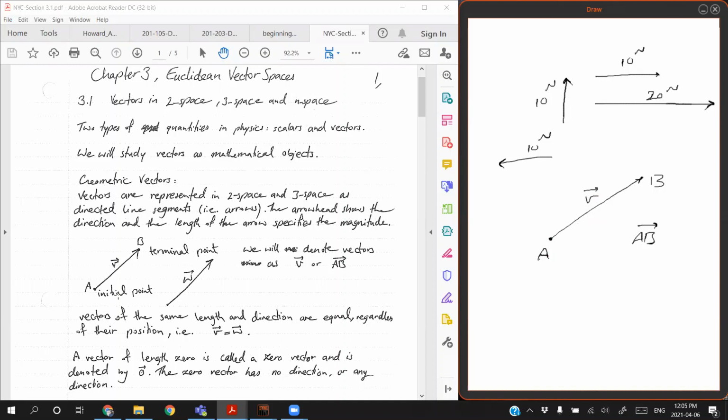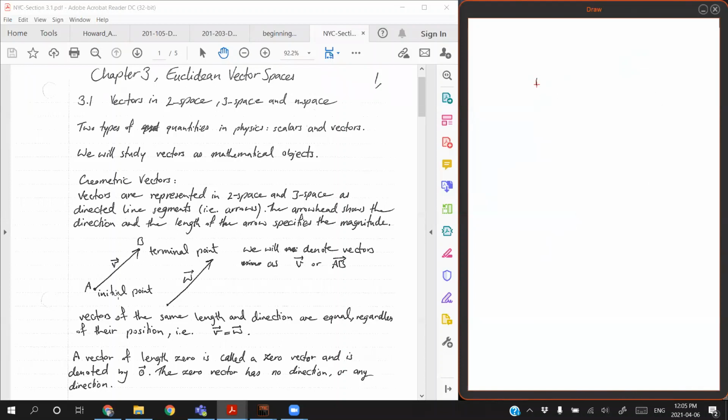And you should notice that vectors that are of the same length and the same direction are considered to be equal. They are the same, regardless of the initial point and the terminal point. So, for example, I'm going to use a Cartesian plane for that.